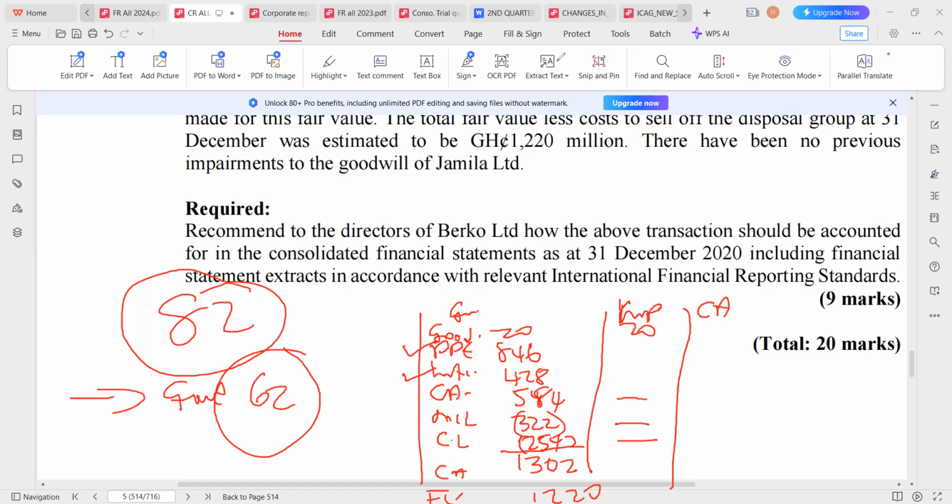No, it's supposed to be on a pro rata basis. Why do you say 31, 31?